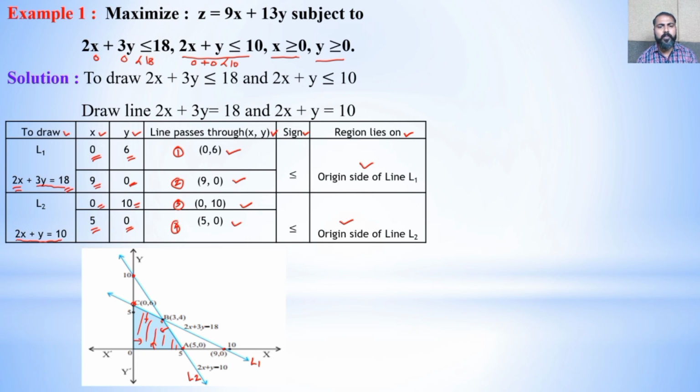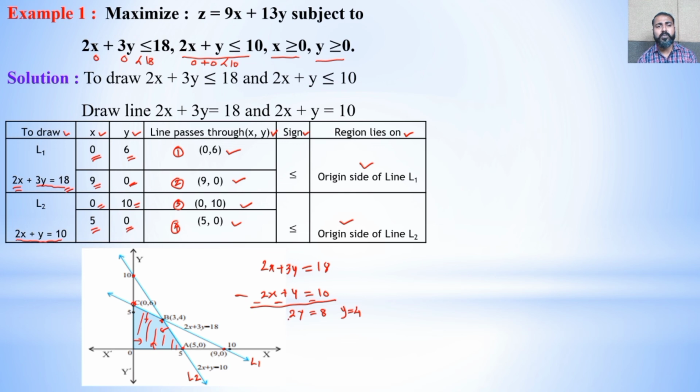Now, to find the point of intersection of these 2 lines L1 and L2, the line L1 is 2x plus 3y is equal to 18, and the line L2 is 2x plus y is equal to 10. When we subtract these 2 lines, then we get 2y is equal to 8, hence we get y is equal to 4.